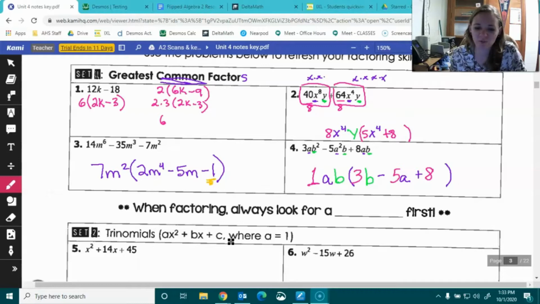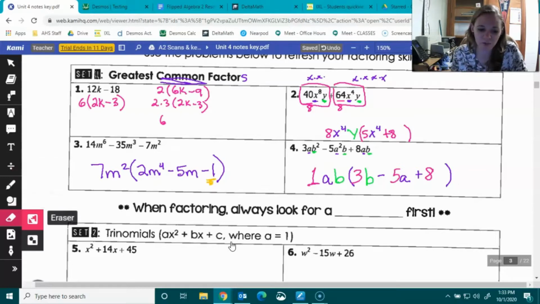Because what happens when you multiply 7m squared by 0? Let's say you were checking your answers and trying to get the original. Anything times 0, or if you have nothing there, is nothing. So you cannot result in this value if you don't have your 3rd term. So we have to, and this is always going to happen, okay?